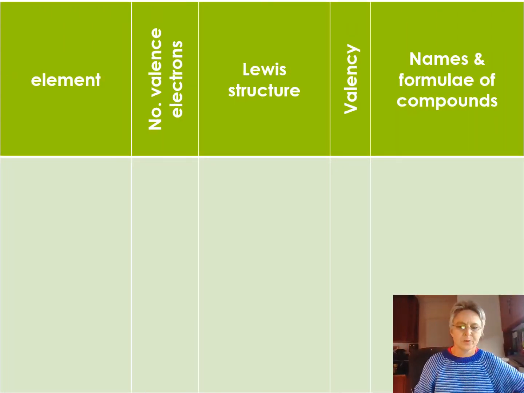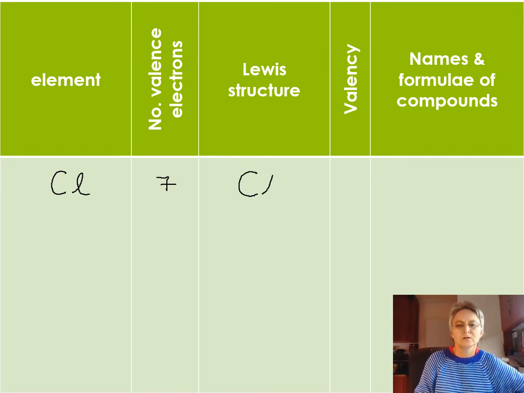Right, we're going to move to chlorine now. Chlorine is in the same group as fluorine, so it will also have 7 valence electrons, and the Lewis structure will show the 7 valence electrons like this. Its valency is 1, so it can form one bond.